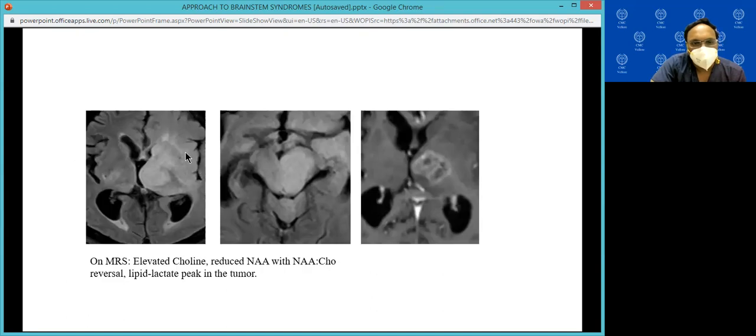This patient had a large T2 hyperintense lesion involving the midbrain and also the parietal area, and the contrast is showing heterogeneous enhancement in the same area, involving the thalamic area. On MRS, the patient has elevated lactate and reduced NAA with choline elevation and a lipid-lactate peak, so it is more of a tumor. We are thinking more of a glioma, and we referred to neurosurgery.